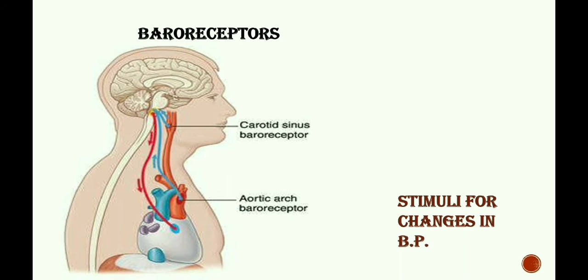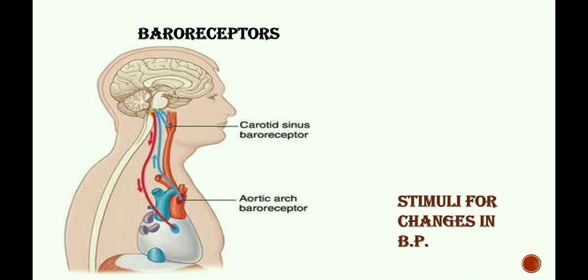And the main function related to this receptor is that it can sense changes in blood pressure so that it can restore the homeostasis, that is the internal constant body temperature, through vasodilation or vasoconstriction.